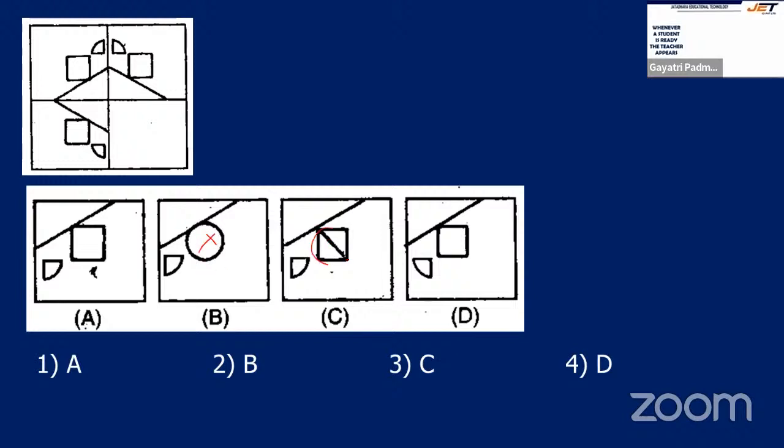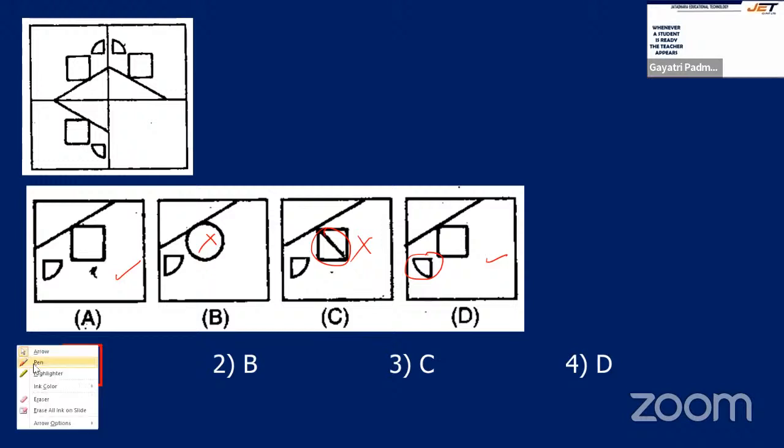So now the option goes between option A and option D. Is it option D or is it option A? It cannot be D because of this, isn't it? Let's check. Yes, it is option A because of this figure. So if you had opted for option A, then your answer is perfect.